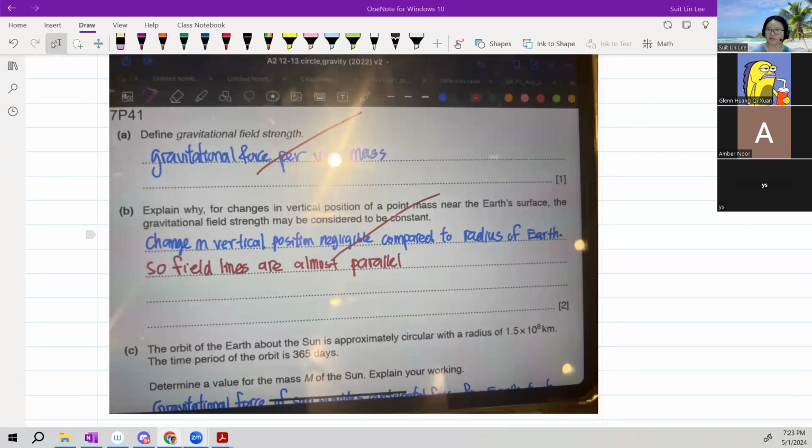So this is about the gravitational field line on, or close to, the Earth's surface. So give me a sec to copy the image. Do I have a similar image here? Okay, this is good enough.